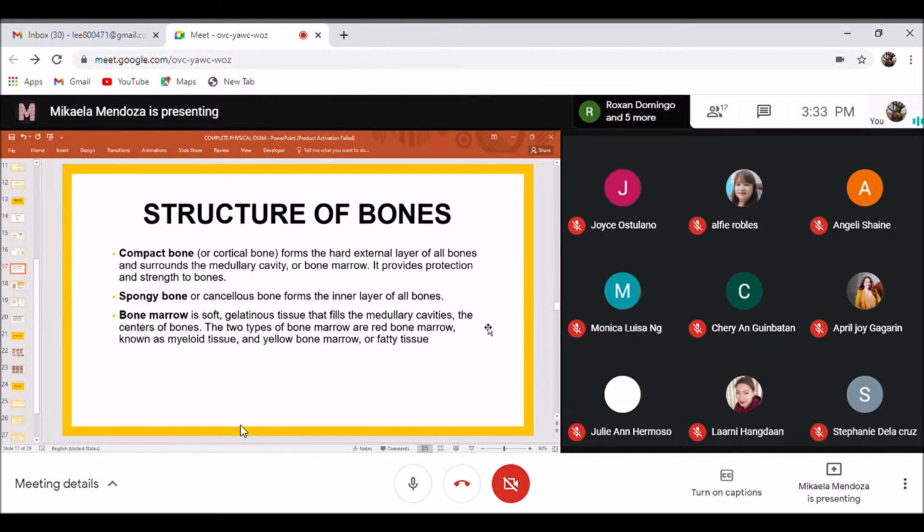The spongy bone or cancellous bone forms the inner layer of all bones, and the bone marrow is a soft gelatinous tissue that fills the medullary cavities, the center of bones. The two types of bone marrow are red bone marrow, known as myeloid tissue, and yellow bone marrow or fatty tissue. Okay, next po.